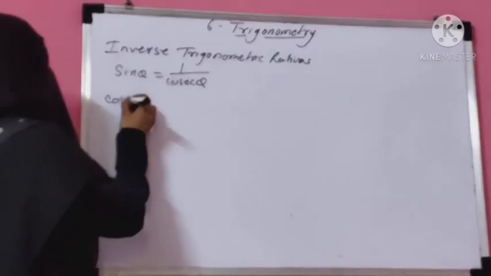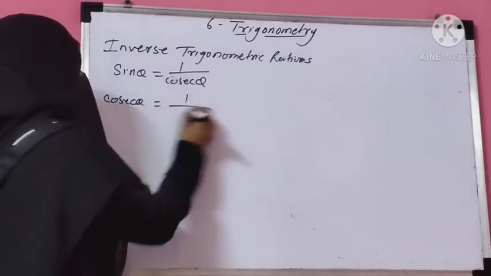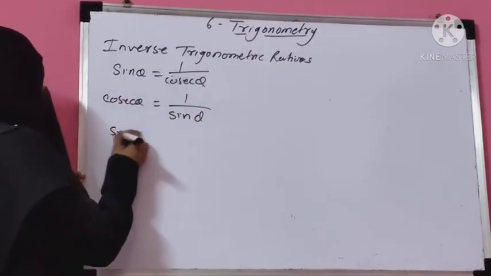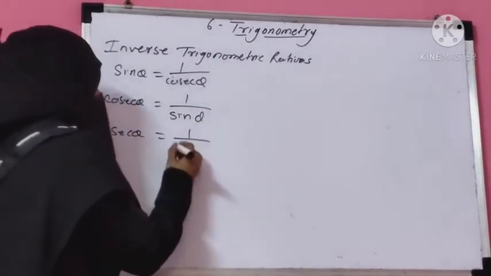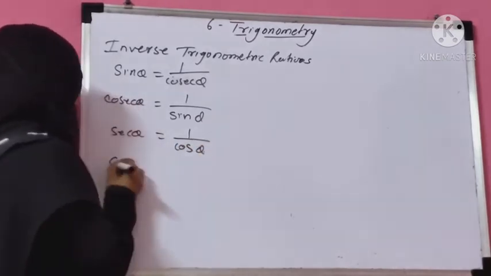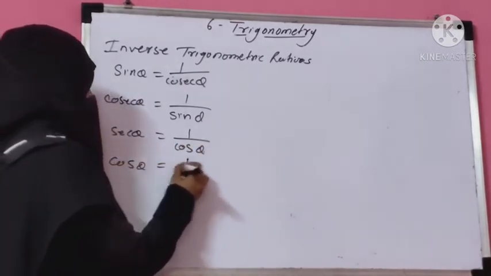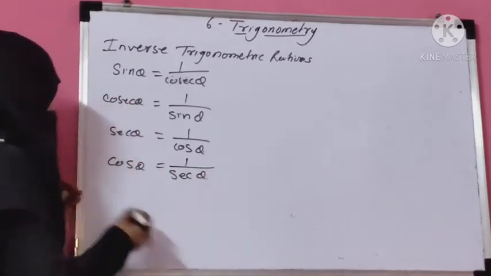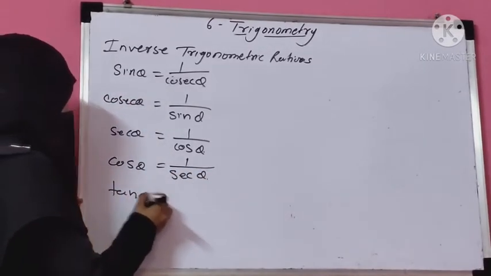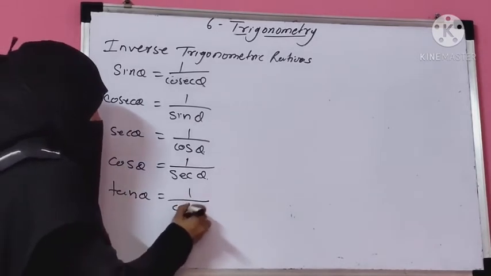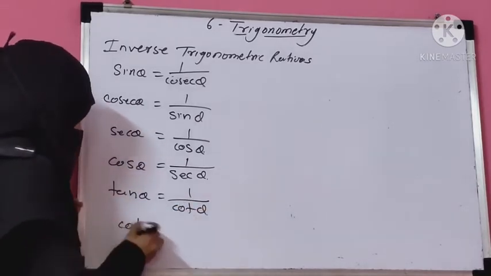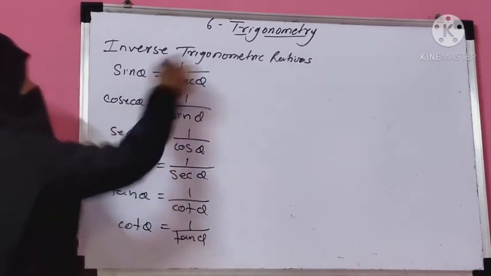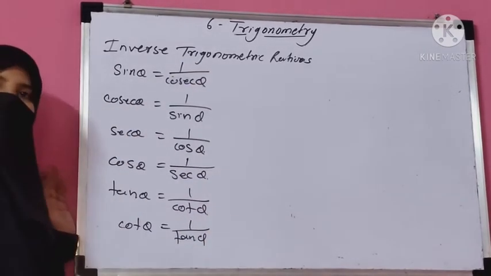Vice versa, cosec theta is equal to 1 upon sin theta. Like that, sec theta is equal to 1 upon cos theta and cos theta is equal to 1 upon sec theta. Like that, tan theta is equal to 1 upon cot theta and cot theta is equal to 1 upon tan theta. These are the inverse trigonometric ratios.